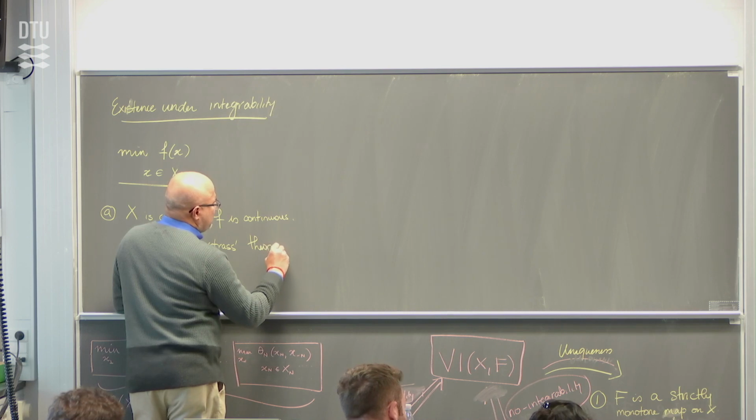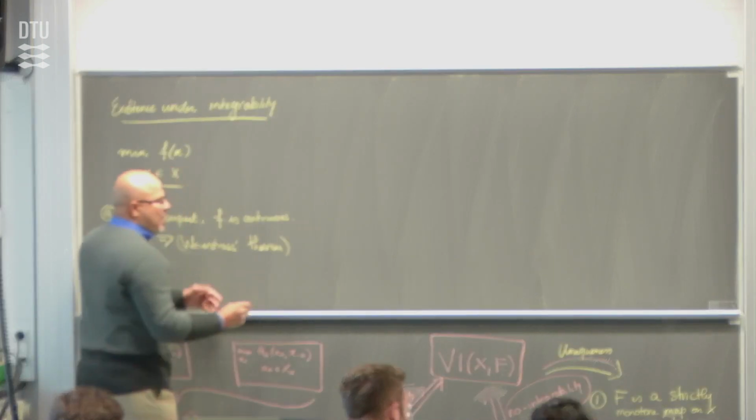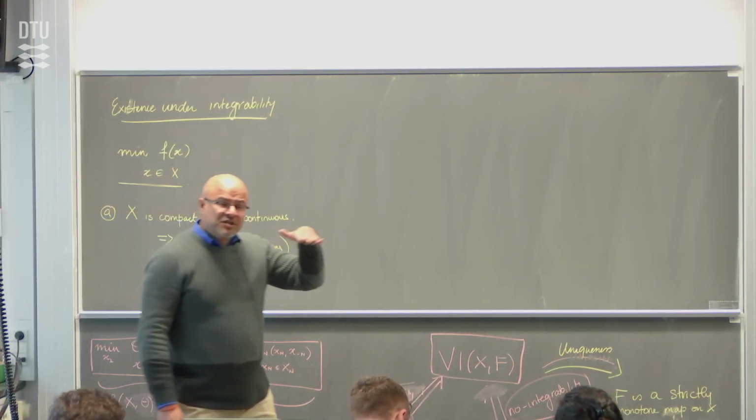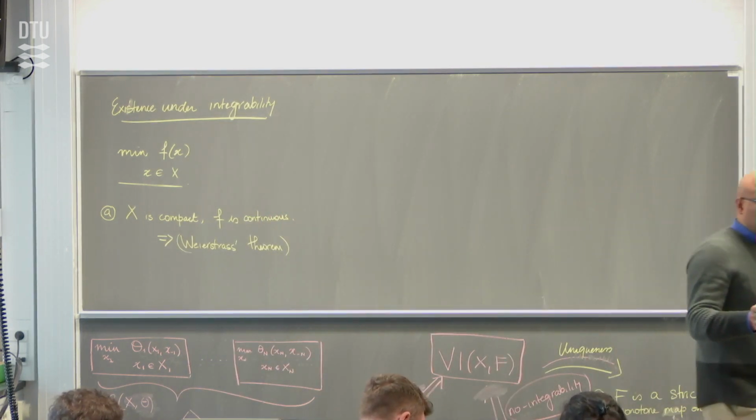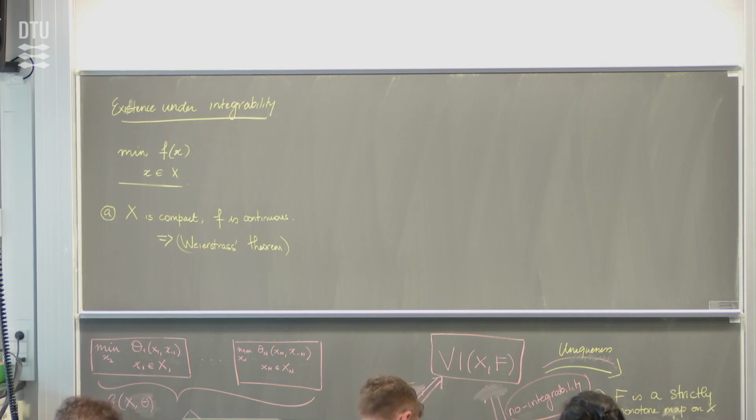I don't want to give you the whole theorem, but basically what it says is a continuous function achieves a minimum and a maximum on a compact set. So if you're minimizing a continuous function on a compact set, you always have a minimum. So existence is quite simple if the set is compact.